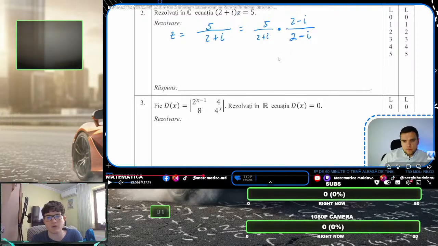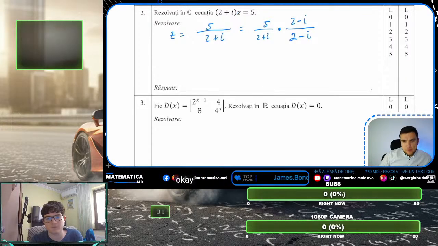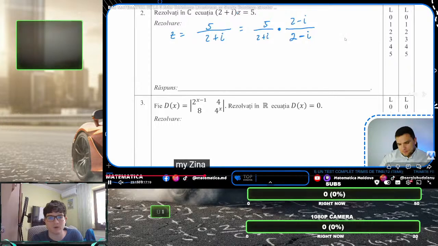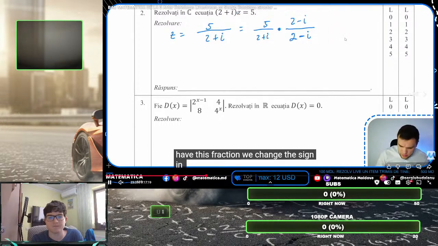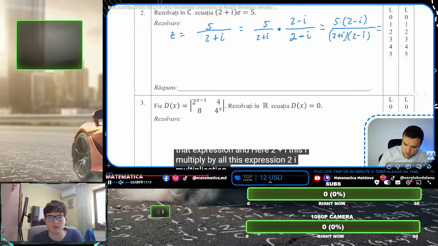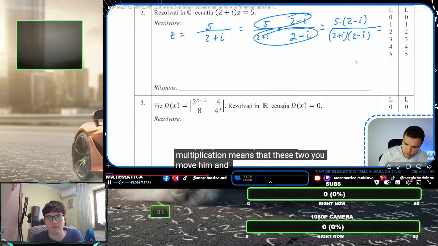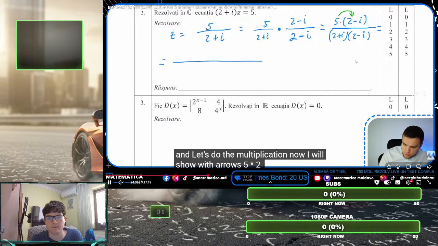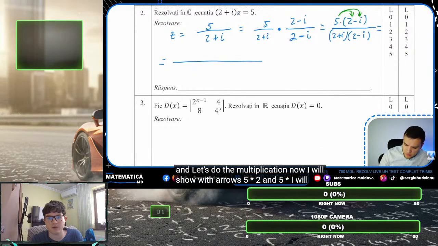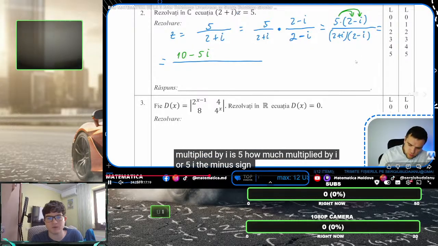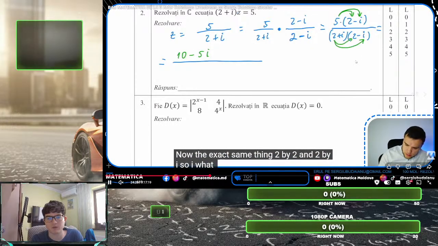I think he chose 2 minus i because (2 plus i) times (2 minus i) is gonna be like the formula, 4 minus i to the second power, and then you can use the minus 1 properties. Okay, so you're gonna get 10 minus 5i on top, and below 4 minus i to the second power.